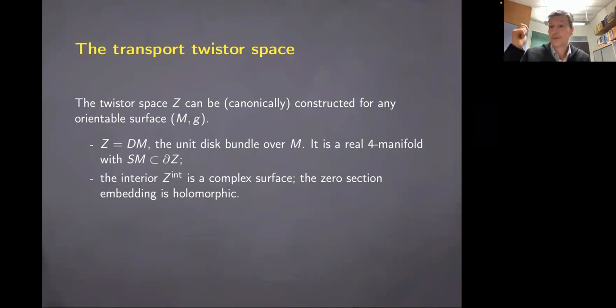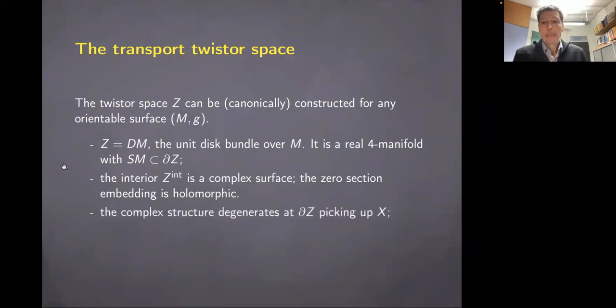M is a Riemann surface, and now you get this natural embedding of M into Z, and that is a holomorphic embedding. That's nice. It is a complex surface just in the interior, but the nice thing is that as you go to the boundary, the complex structure degenerates and picks up exactly X. You will see in a minute how it happens in action. So this is why it's really tailored to the geodesic vector field X.